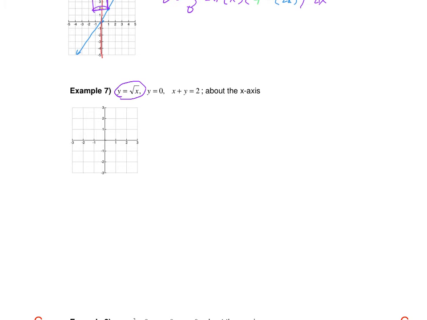Y equals square root of x. And if we were over here at 4, it would be at 2, just to give myself a goal here of how to do that curve better. y of 0, and then x plus y is 2, so y is negative x plus 2. I'd start at 2, down 1 over 1, down 1 over 1.